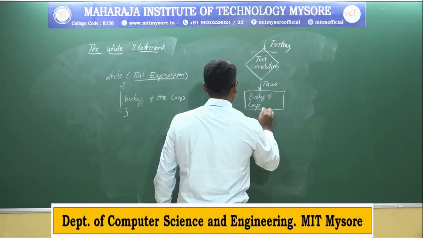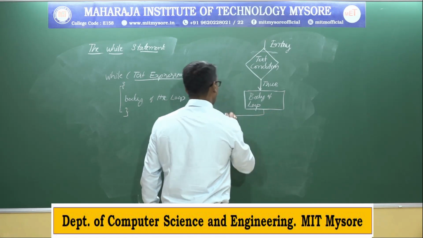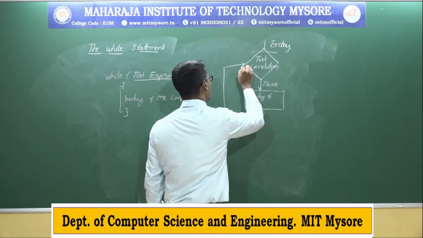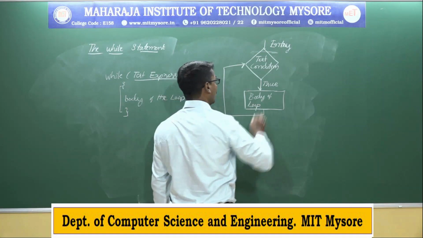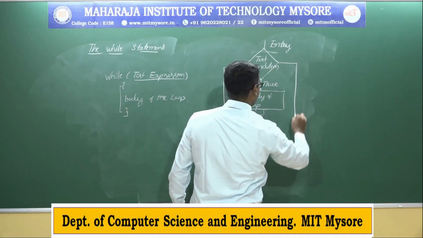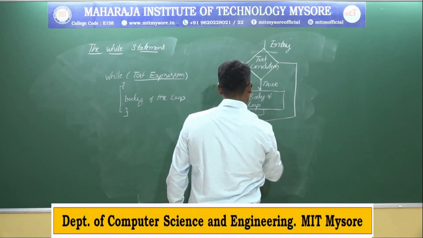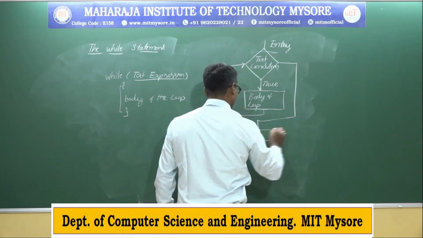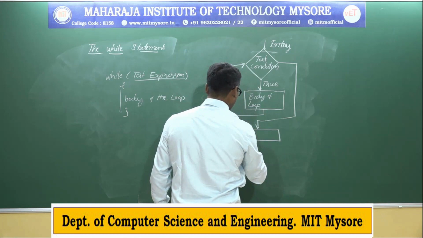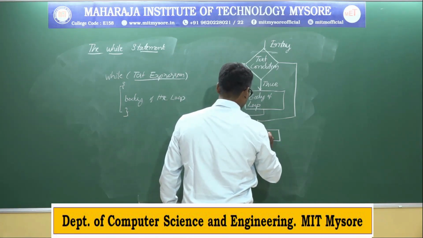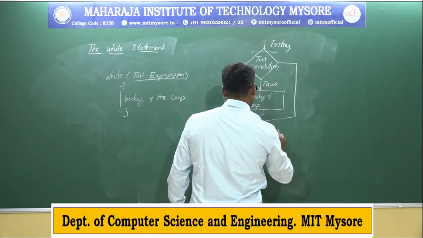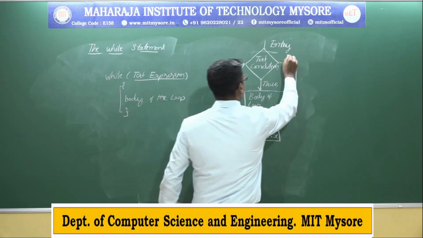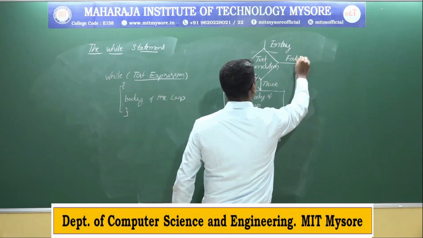After executing the body of the loop, the control is transferred back to the while statement. If the condition is false, it executes statement X. It executes statement X when the condition is false.